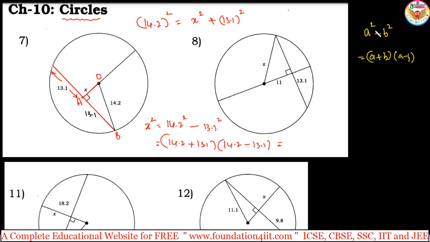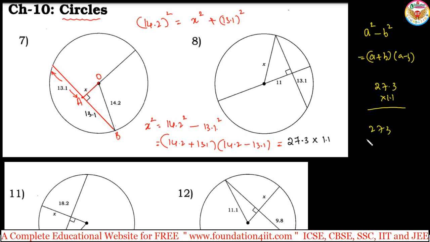Because I am applying the a square minus b square formula, 14.2 plus 13.1 is 27.3, times 14.2 minus 13.1, so 1.1 it is. You can multiply; there is the x square value, and from that you can find the x value. Okay, so this is 27.3 times 1.1.